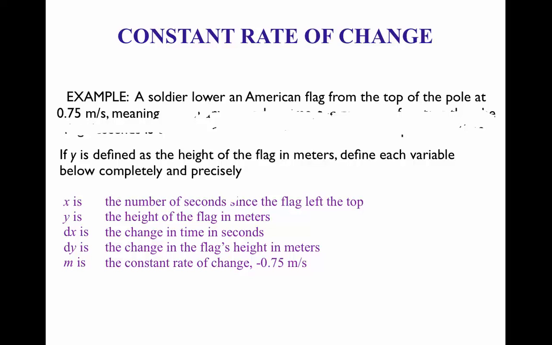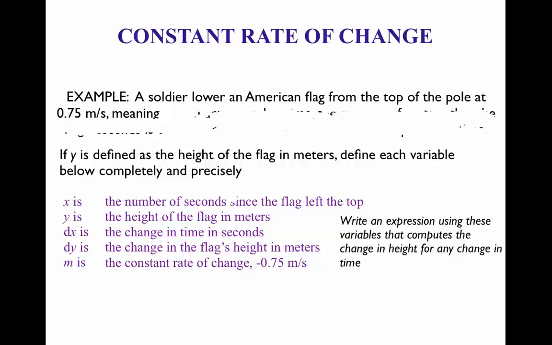Right. For any change in time, a half a second, 2 seconds, 8 seconds, 4 seconds, a tenth of a second. What's the change in distance? Or change in height? Negative 0.75 times that, whatever that change in time was. It's not just about what's happening every 1 second. It's about what's happening in any dx, any change in time.